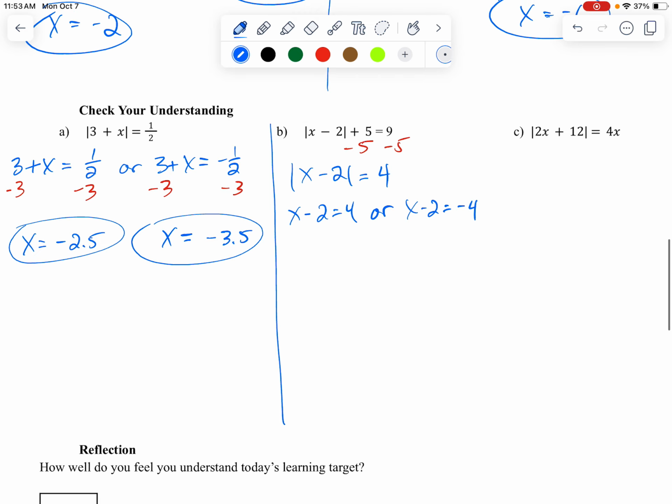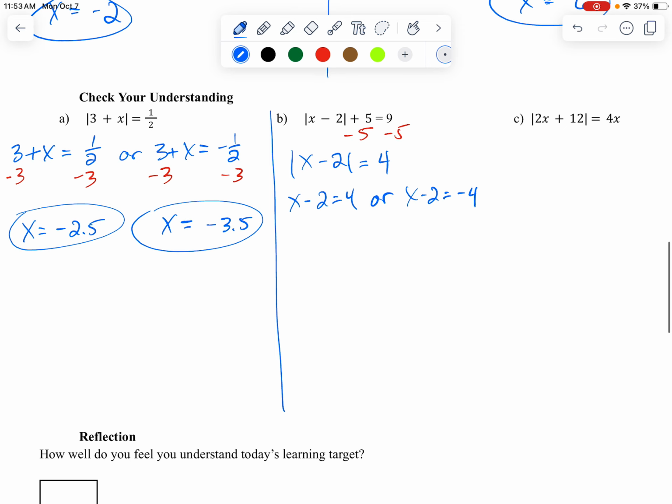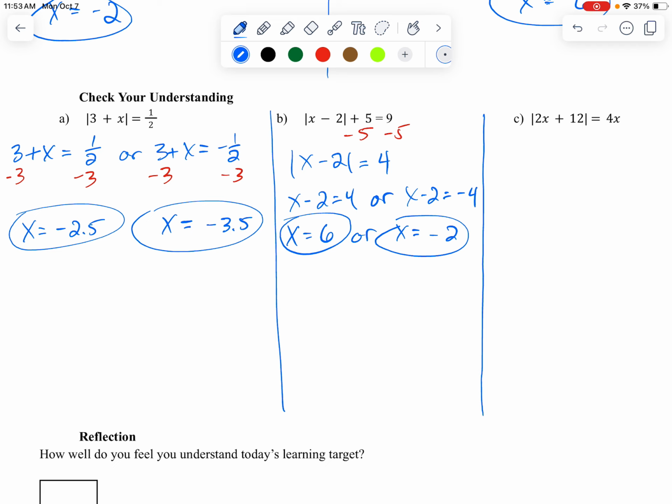And I'm going to be a little bit crunched for space on this last one. On the left here, add 2 to both sides, do the same here. We end up with x equals 6, or x equals negative 2. And both of those answers should be good.